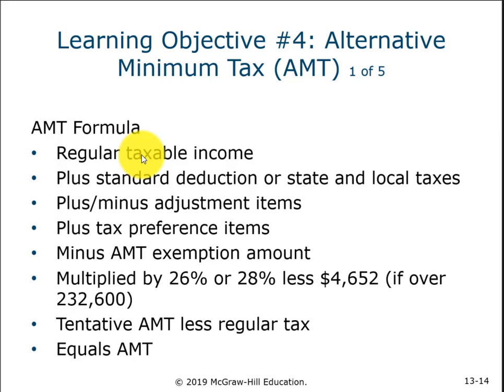If your AMT is lower, which would be for almost everybody, then you just ignore it. It doesn't come into play. But for those with higher incomes, you probably should go through this calculation before you determine that it doesn't apply.